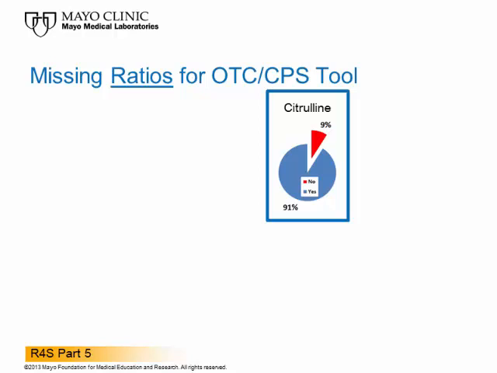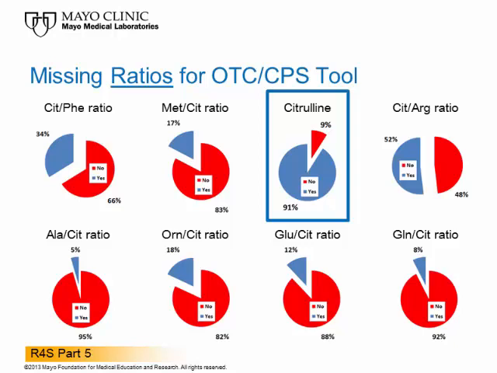This situation becomes even more concerning when considering the proportion of labs with no evidence, percentiles or cutoff values, of using the 7 ratios that are needed to calculate a score with the OTC CPS tools, ranging from 48 to 92%. Notably, the glutamate to citrulline ratio, the most informative marker for OTC CPS in neonatal dried blood spot, is not measured by 88% of the laboratories participating in the R4S Collaborative Project. Obviously, there is a lot of room for improvement.